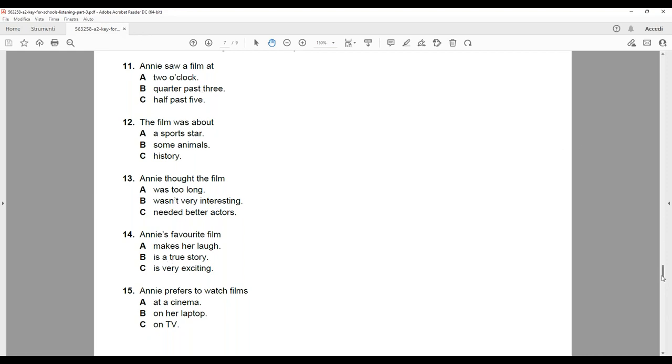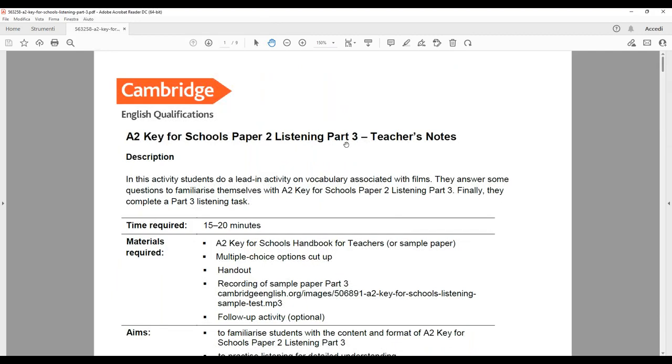Okay. So this is the end of the listening part 3 for tonight. We did the listening part 1 and part 2 in the previous lessons, and tonight we finished the listening part 3 section as well.